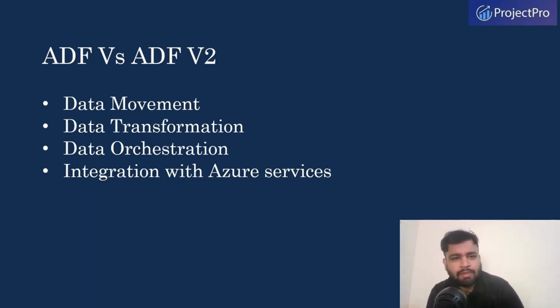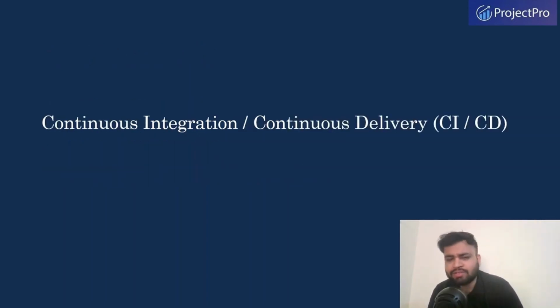So this was all about Azure Data Factory version 2 and the benefits it has brought over its predecessor. Now let's talk about the most important topic in agile development, which is continuous integration and delivery, which is CI/CD.